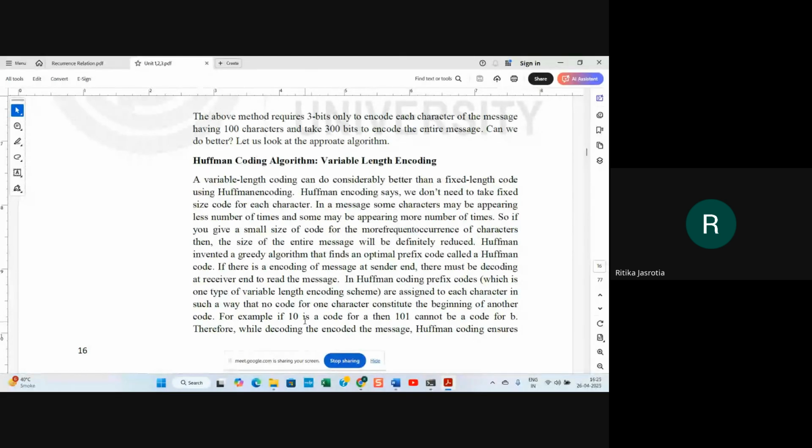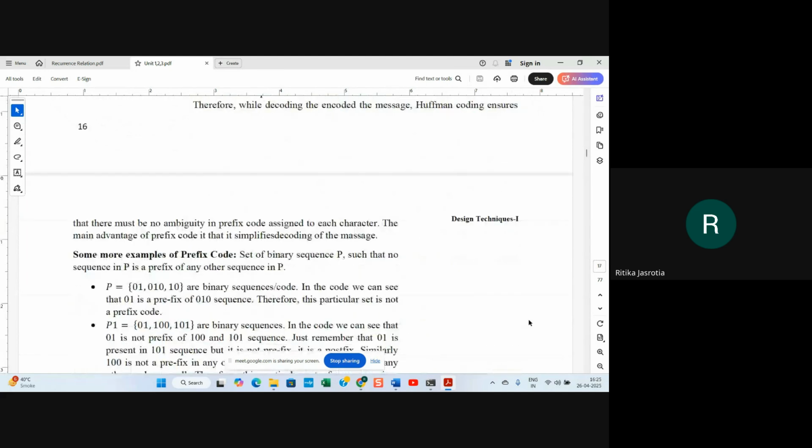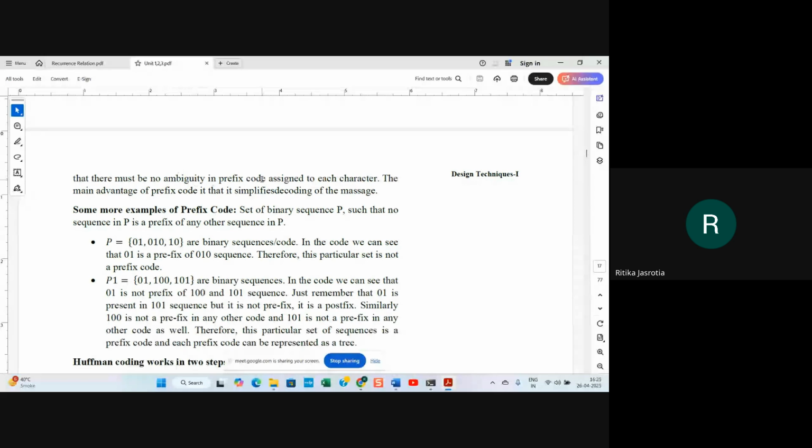For example, if 10 is a code for A, then 101 cannot be a code for B. Therefore, while decoding the encoded message, Huffman coding ensures that there is no ambiguity in the prefix code assigned to each character. The main advantage of prefix code is that it simplifies decoding of the message. Some more examples of prefix code: a set of binary sequences P such that no sequence of P is a prefix of any other sequence in P.